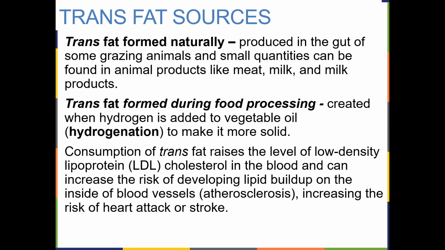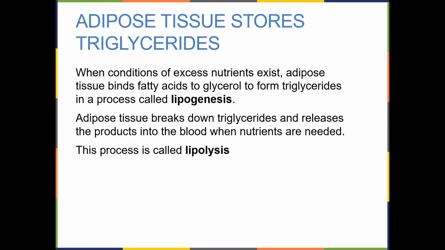So if we have trans fats in our diet, it increases the amount of LDLs. And so we start seeing a narrowing of the arteries in our heart and our brain and throughout our body. We develop atherosclerosis, the common term is hardening of the arteries. And so your patient is at a greater risk for a stroke or a heart attack.